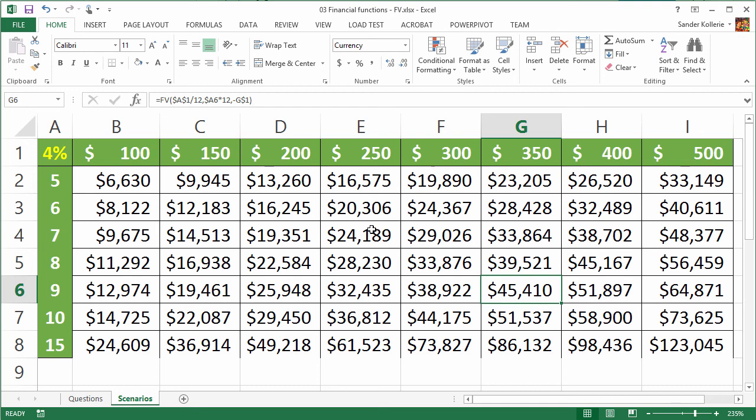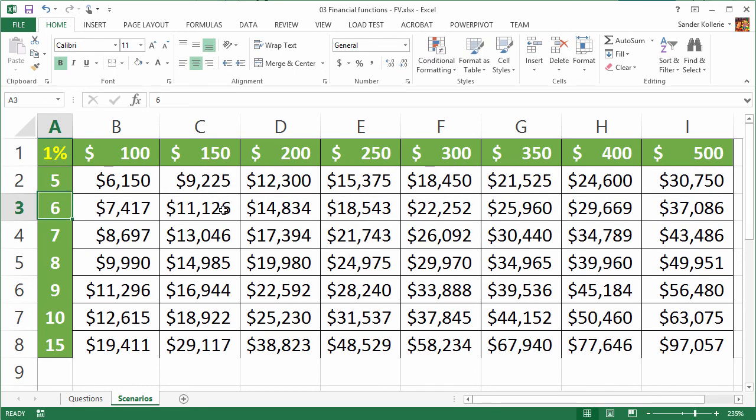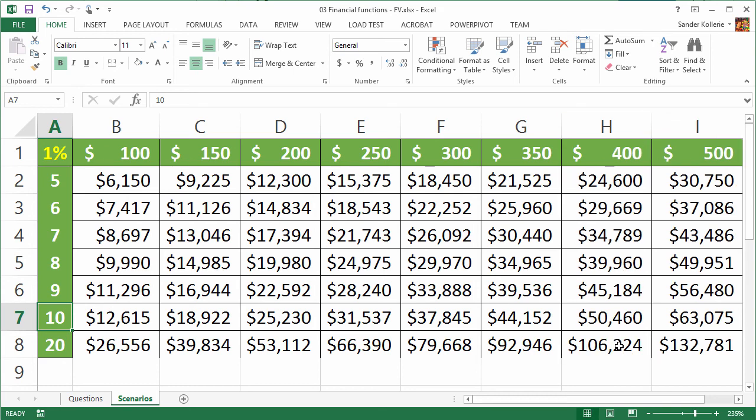So this is a nice little overview of what you can expect, and you can easily change all the numbers that you want, because you can change this to 1%, or you can just do a 20-year calculation right here, and you can see all the different numbers here. And this one is a little bit too big, and there you go. So if you wait for 20 years and you do $500 a month, with a 1% interest rate, you still get $132,781, which is pretty nice.